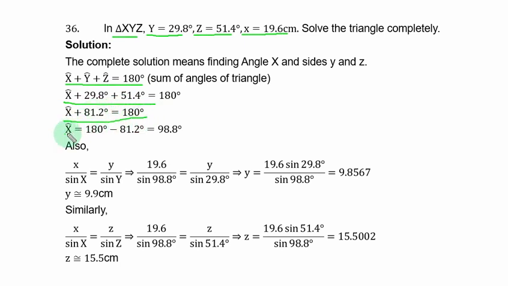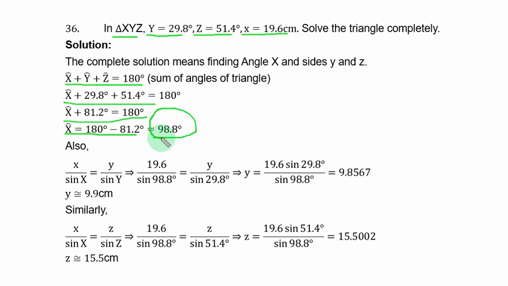Therefore, angle S is equal to 180 degrees minus 81.2 degrees. You have it as 98.8 degrees. Now that angle S is known, we have a complete side, angle S and side S.